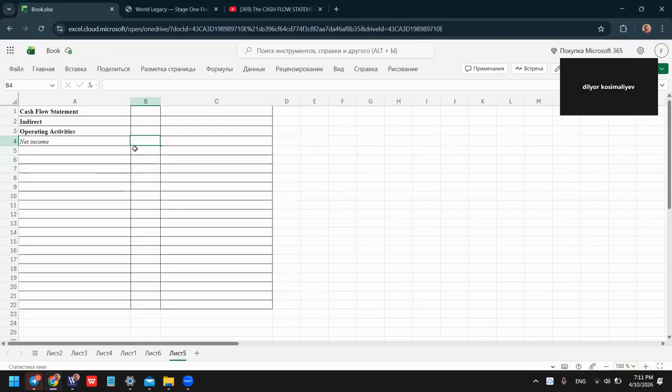The difference between the income statement and cash flow is that the income statement uses the accrual method. So sometimes transactions were added to profit even if no cash was included.